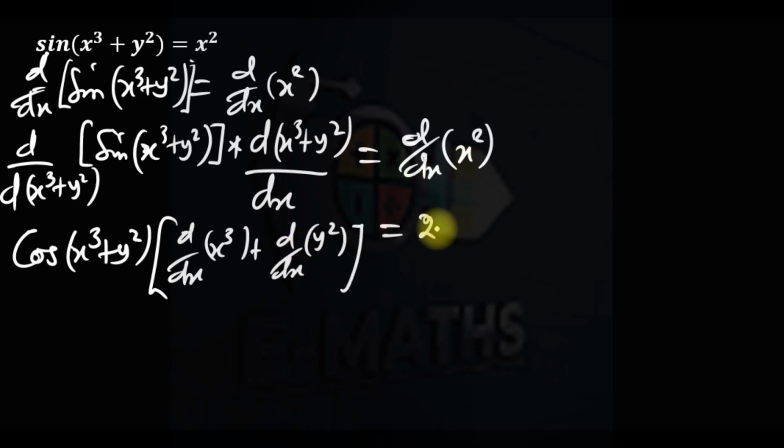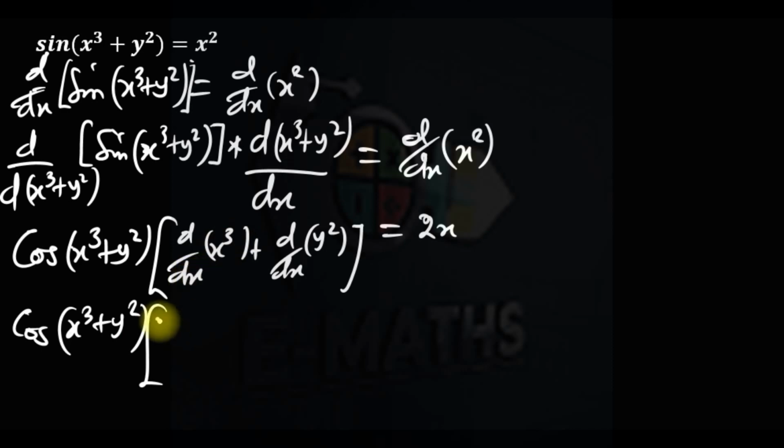If you differentiate this, you have 2x. So do you see the logic? The dx of all this, we open up the dx of x cubed plus the dx of y squared. So we'll continue. We'll have cos of x cubed plus y squared.